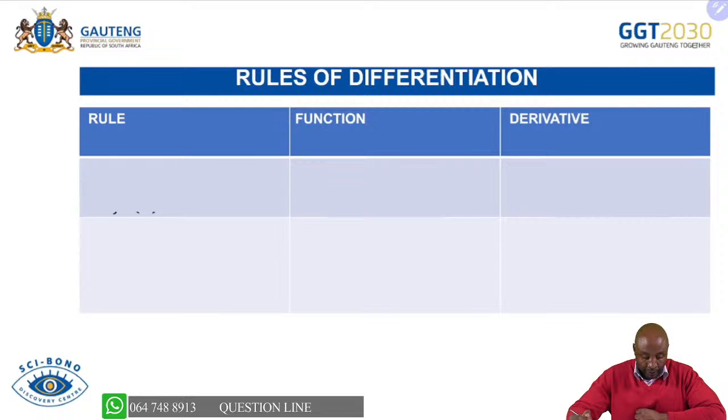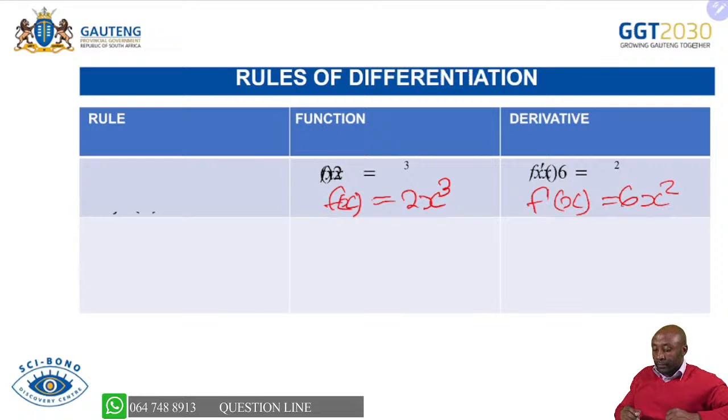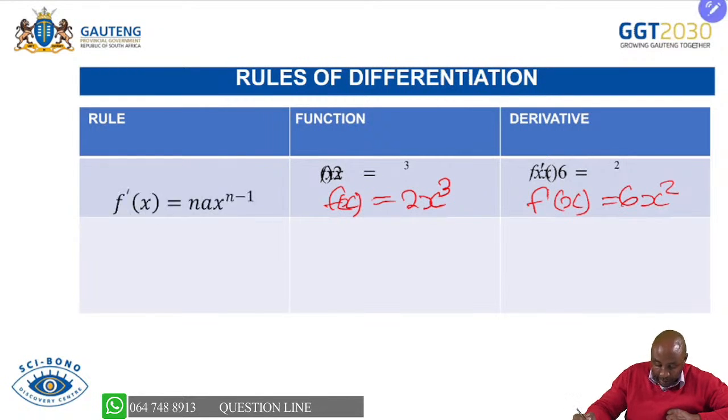We move on to the next one. We discovered that our f of x was given by 2x cubed and our derivative was 6x squared. Now, what can we deduce from there?